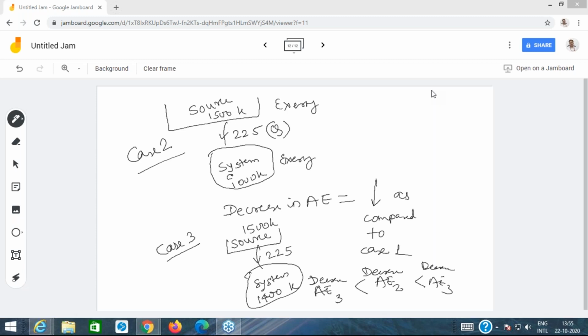Because if you are able to appreciate this, then you will be able to appreciate what we have been discussing so long. Which case is a better case? Case 1, case 2, or case 3? In all the 3 cases, the heat loss is 0. So whatever is the heat transferred from the source, the entire amount of heat goes to the system in all the 3 cases.